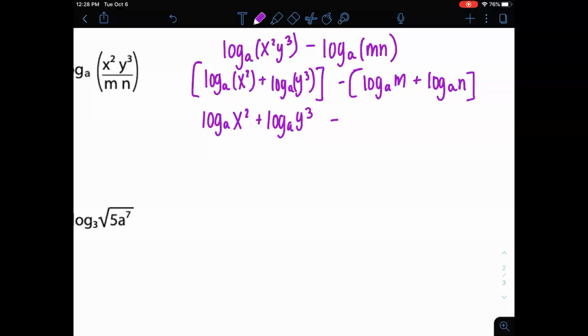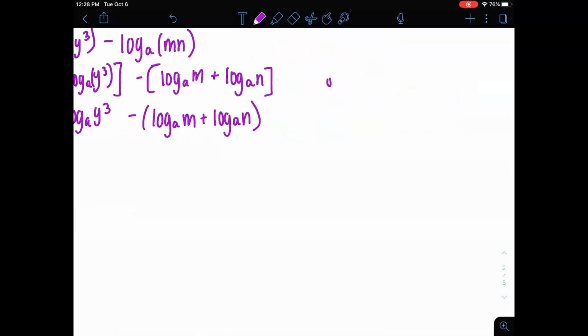You can keep this in parentheses, log base A of m plus log base A of n, or you can distribute that negative sign, because this negative in front of the parentheses is like saying negative 1, and this negative 1 is multiplied by both factors in my parentheses.